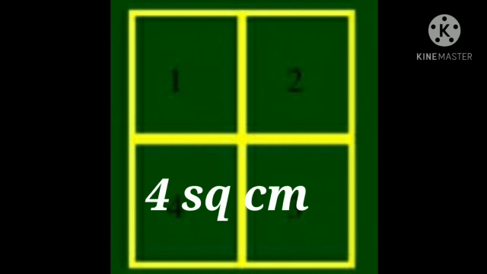Here you all can see a square. Inside that 4 small squares are made. So the area of the square is equal to 4 square centimeter.